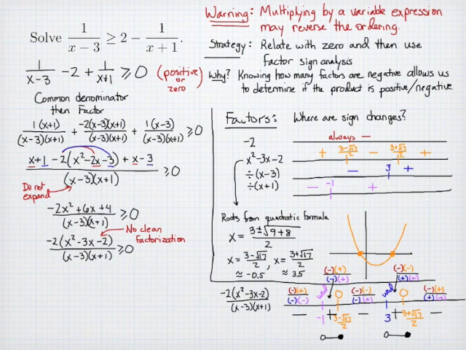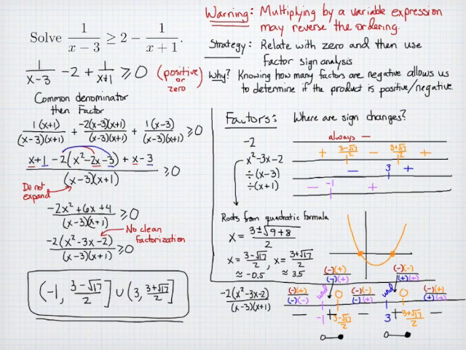Our final solution is given by the interval notation describing this set: negative 1 to 3 minus root 17 over 2, not including negative 1 but including the quadratic endpoint, union the second interval that goes from 3 to 3 plus the square root of 17 all over 2, including the second endpoint. And that's how we solve the inequality.